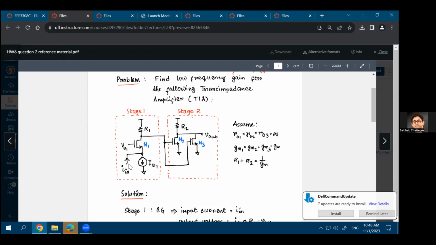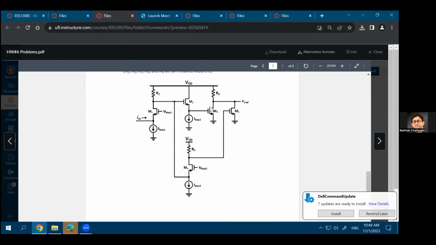So again, stage 1 is a common gate stage, and the output of the common gate stage goes to these two common source stages, which are sort of connected in parallel, because the gates are connected together, the drains are connected together, and also the sources, which are both ground, are connected together. And if you look into the homework problem, the last stage of the homework problem is also very similar.